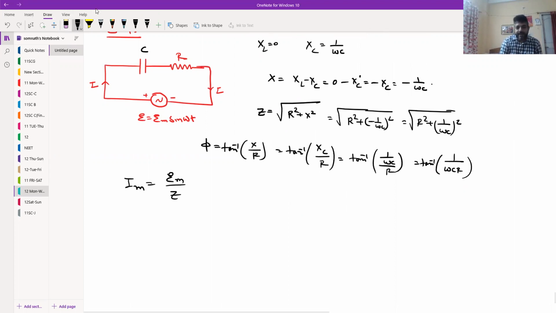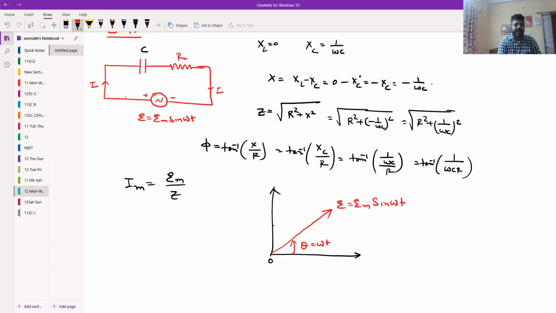So now the phasor diagram. In the phasor diagram, E equals EM sin omega t, theta, which is omega t.